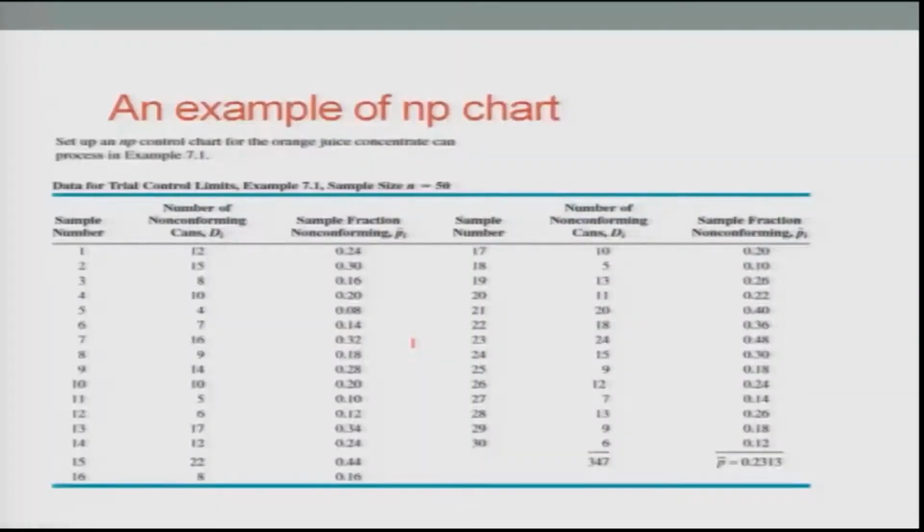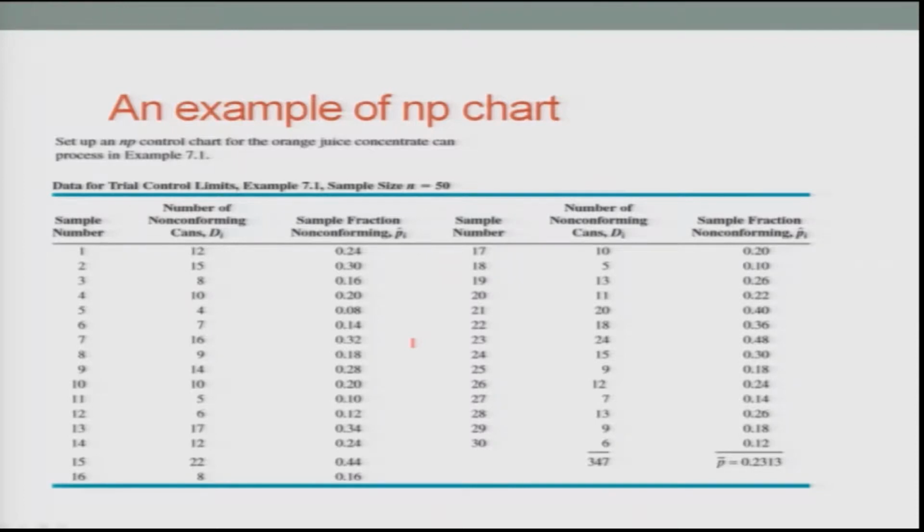Now, let us consider our NP charts. What you have is the sample numbers given in the leftmost column from 1 to 16. The number of non-conforming cans is given: for sample number 1 it is 12, for 2 it is 15, and for the last two, sample number 15 it is 22 and for sample number 16 it is 8.